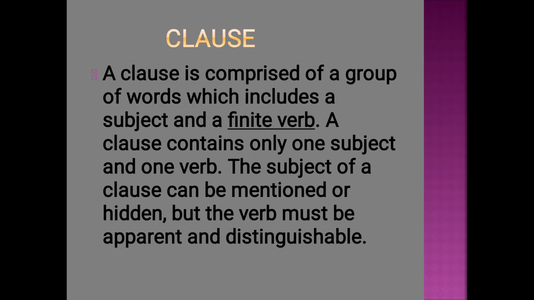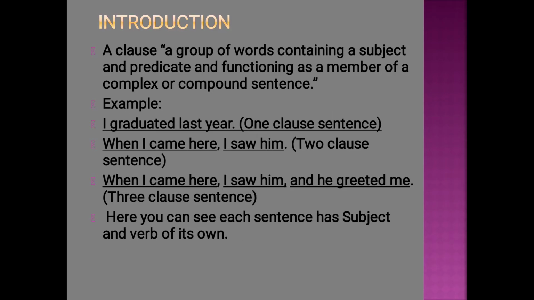The subject of a clause can be mentioned or hidden, but the verb must be apparent and distinguishable. Just see this. Introduction. A clause is a group of words containing a subject and predicate and functioning as a member of a complex or compound sentence. Children, one thing you remember always, a clause has the subject and predicate combination.